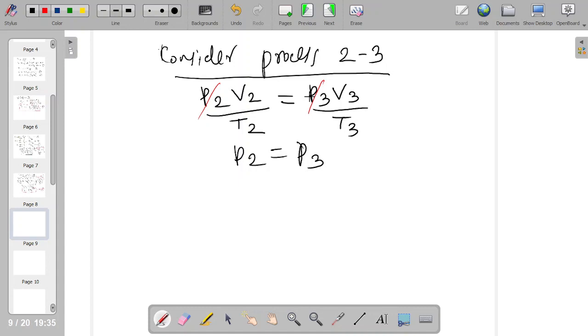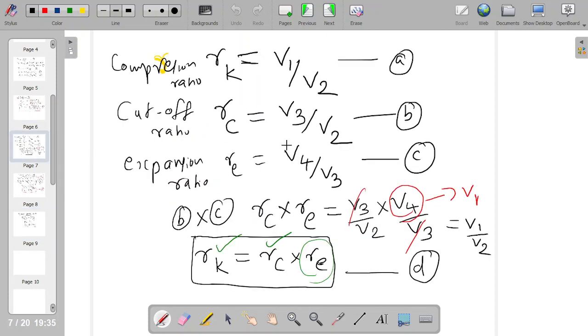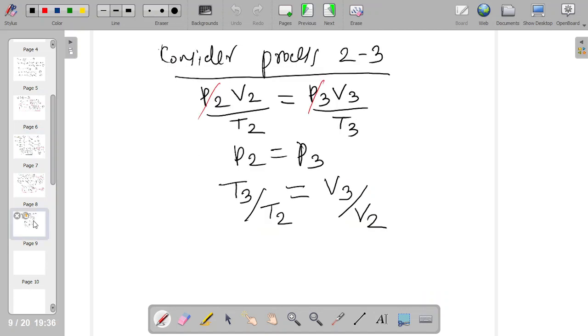What will be T3 by T2? T3 by T2 will be V3 by V2. And what is this volume ratio V3 by V2? It is the cutoff ratio Rc. So you can replace this by the cutoff ratio Rc.